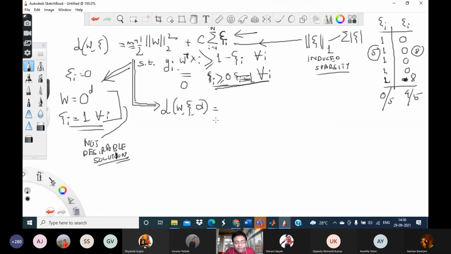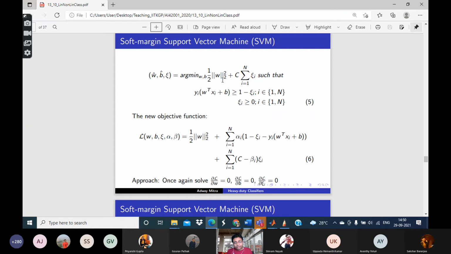So this is what my problem now looks like. This is my objective function. I have the constraints for all the n data points. Additionally, for all the xi's, I have this constraint. So I put the whole thing in standard form using the Lagrangian multipliers.